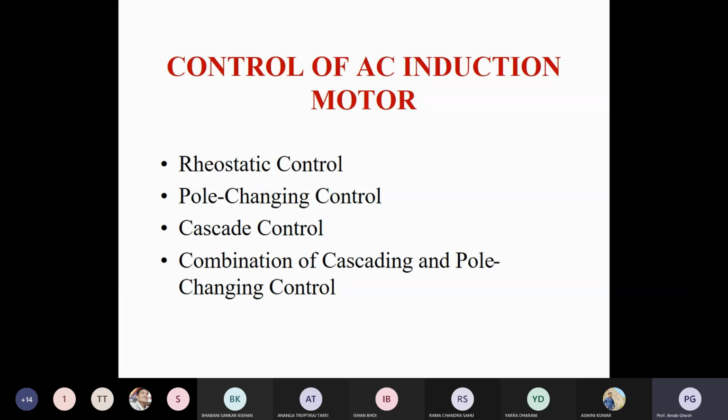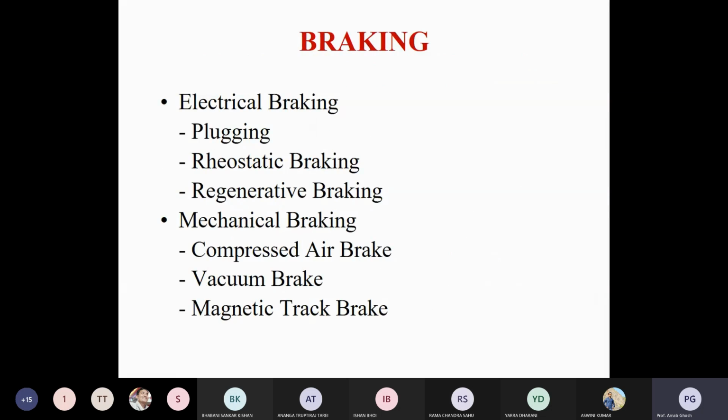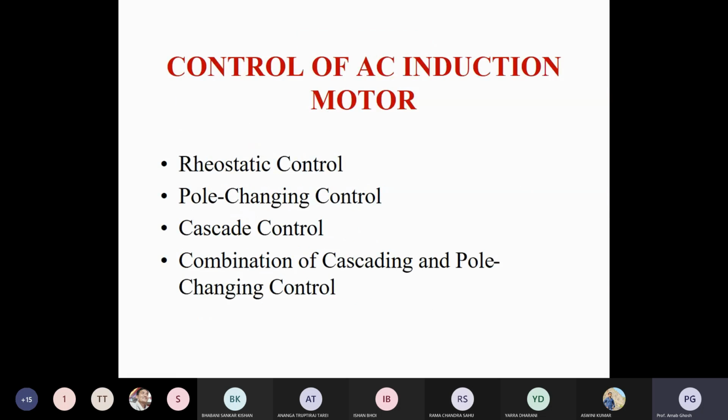But right now, scalar control and vector control, means electric drives, were already included in your syllabus and you have already attended all those classes on electric drives.